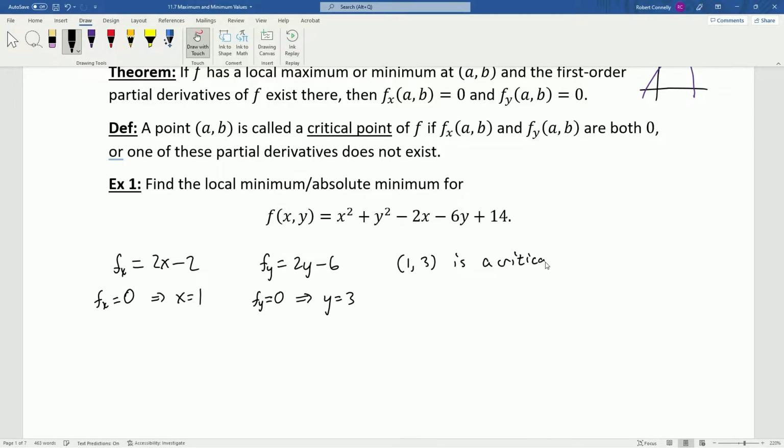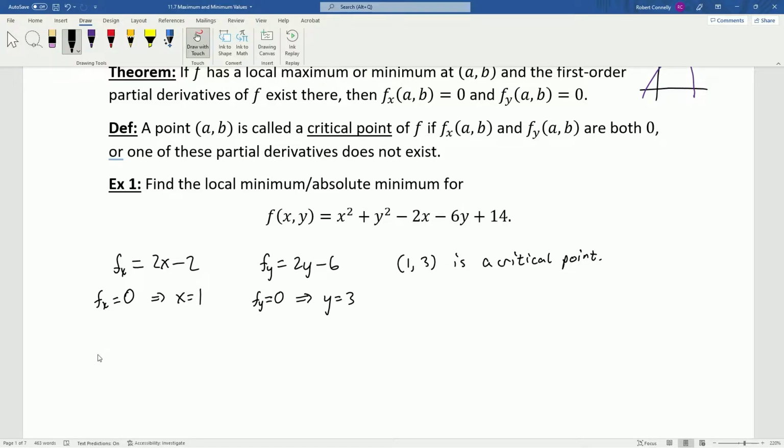But this just tells us where it's possible that there's a maximum or minimum value. Again, it doesn't say that this is a maximum or minimum value. Okay, so how can we actually show that there's a maximum or minimum value there? Well, that depends on the function that you're analyzing.